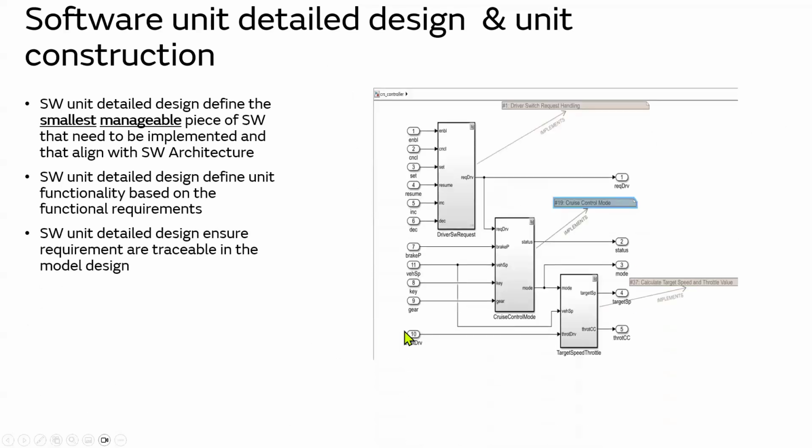Moving on, the software unit detail design also should ensure that the requirements are traceable into the model. So we need to have traceability in the model. With these tools, you are able to link the requirement.